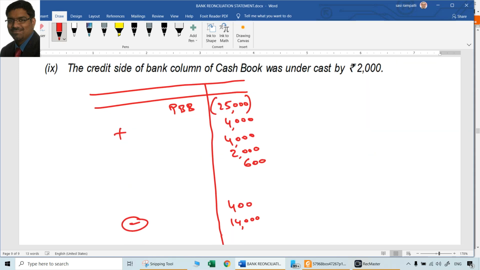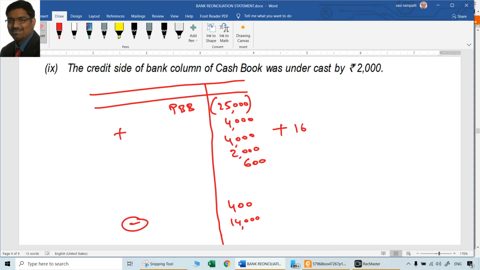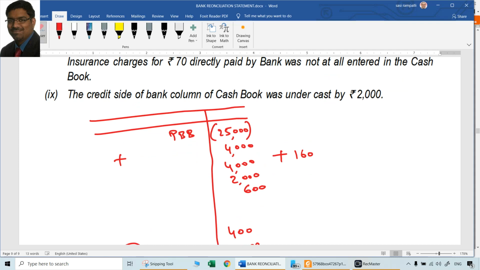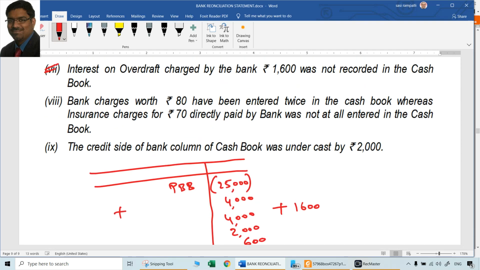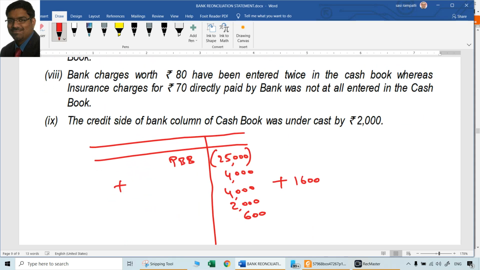Add 1,600. 1,600 to be added because bank has already recorded that, because of which the balance as per passbook would have been lower. If it is already lower, we have to add. So that's what we did.